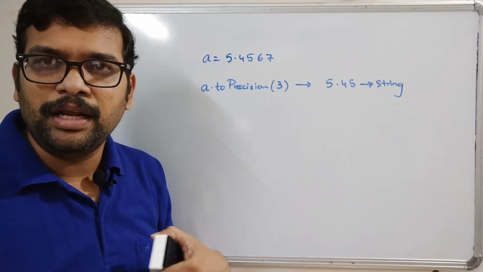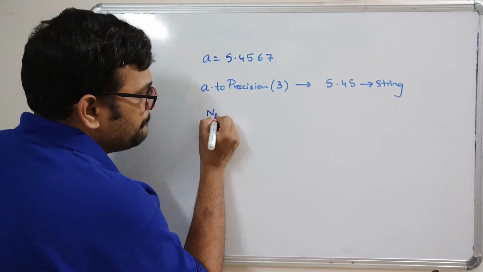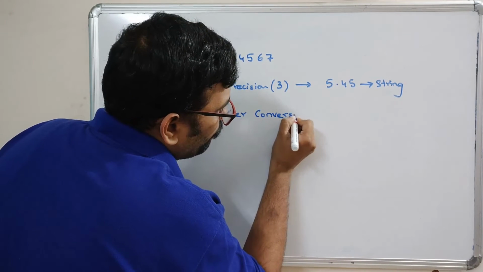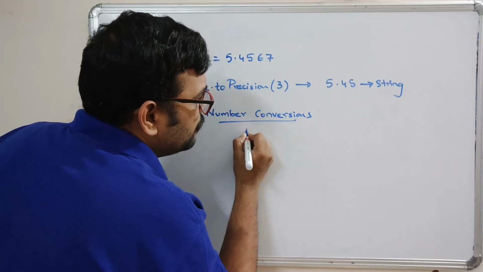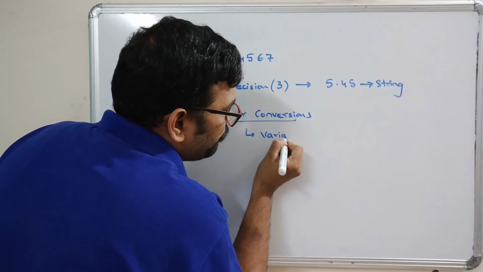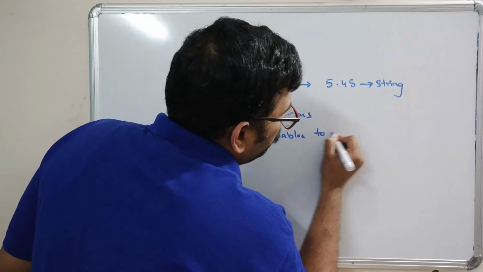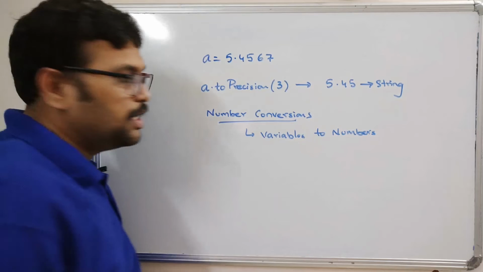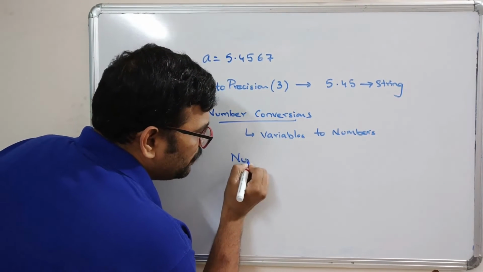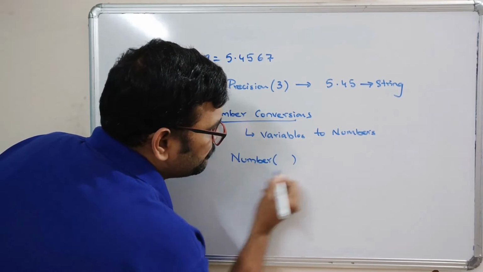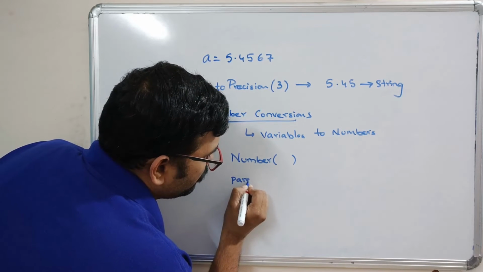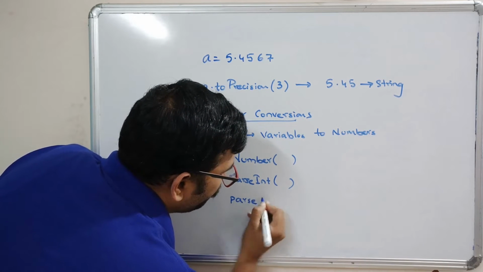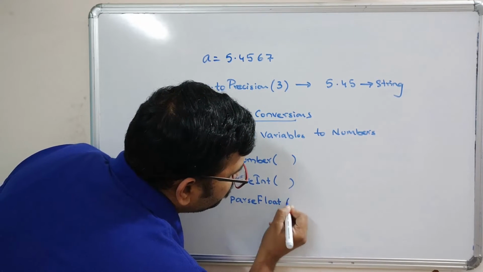If you want to convert into numbers, there are some number conversions, which will convert the variables to numbers. For this we have the functions called Number, parseInt, parseFloat.